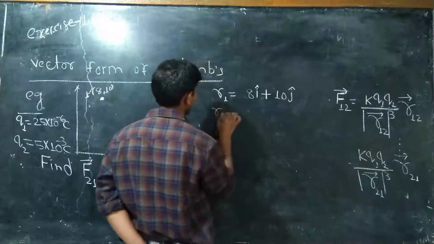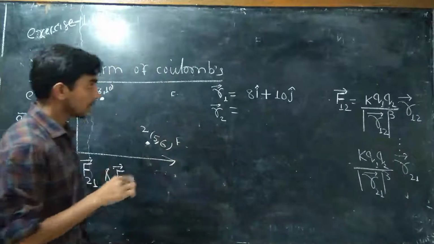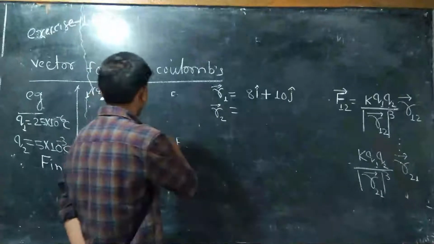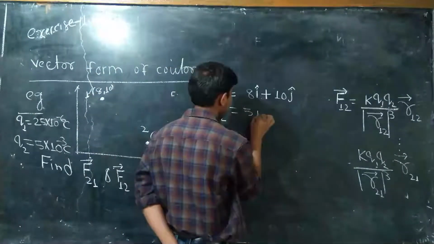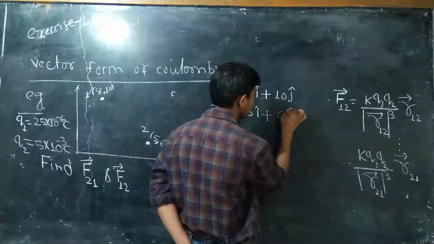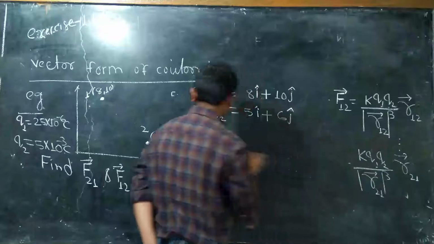Similarly R2. What is R2? As you see, R2 is 5I plus 6J.